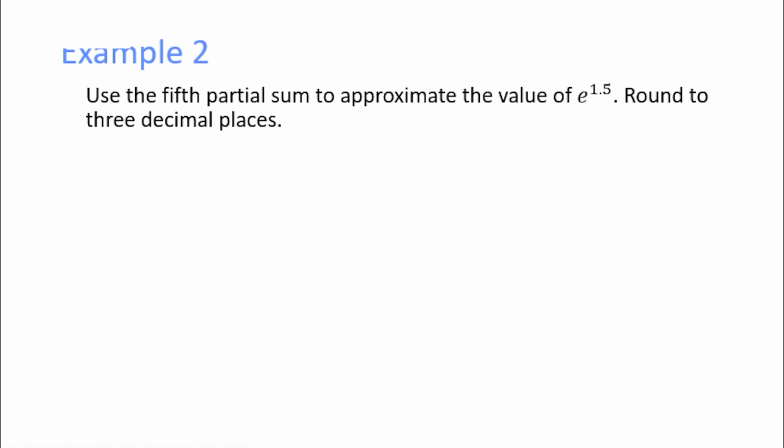We know that e to the power of x converges to the exponential series for all x. Therefore, a partial sum will give us an estimation for the value of e to the power of x. The task is to use the fifth partial sum. This means that we include the first 5 terms of the series.